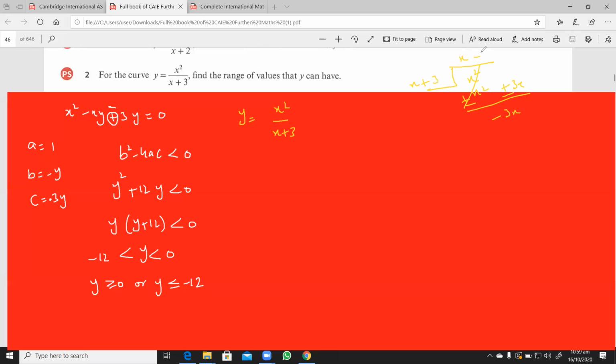Then minus 3x, minus 9, so we have 9. The same function can be written as x minus 3 plus 9 over x plus 3. So this will have an oblique asymptote.